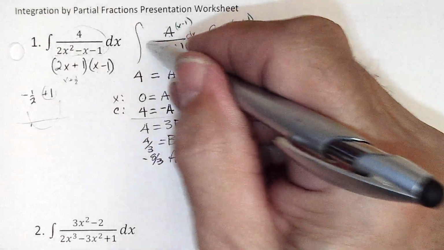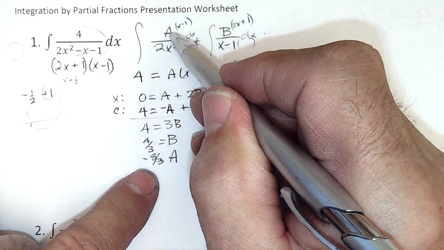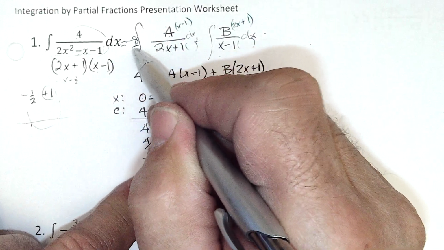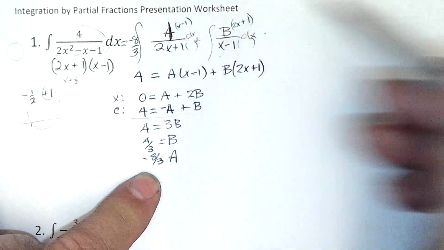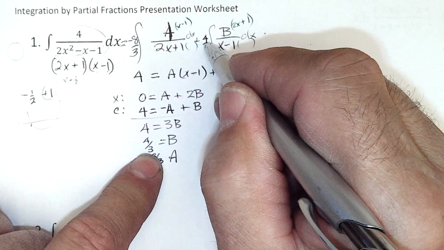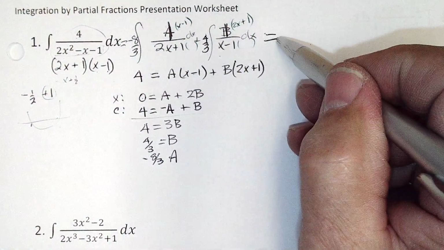So in this integration, the a is minus 8/3, so I could write the minus 8/3 here, and I could write the b out here as 4/3. And then I can integrate this.